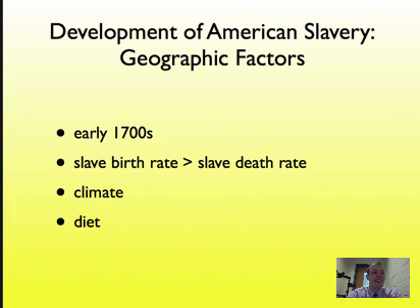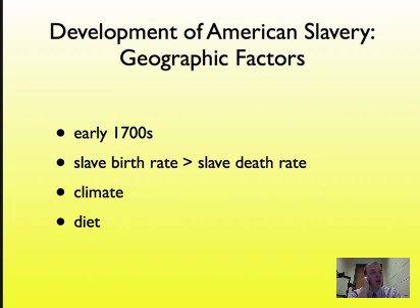Also, there's a healthier climate in the early 1700s and a better diet for people, and that means a better birth rate. So in the early 1700s, the slave birth rate is finally exceeding the slave death rate.